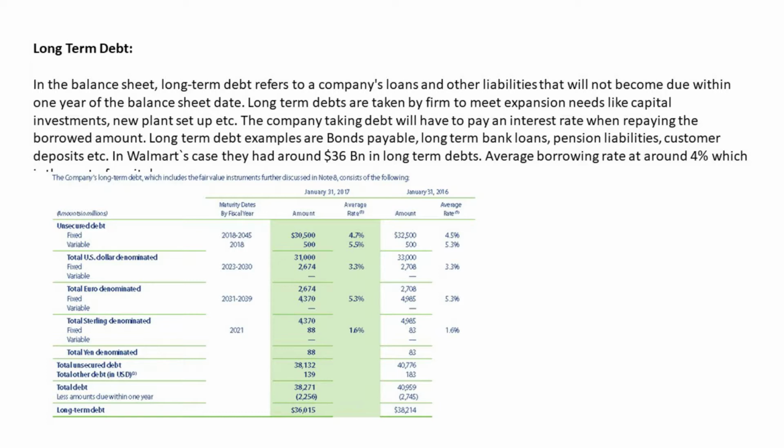Now the average borrowing rate for Walmart was around 4% in 2017, and we can see the breakdown of the unsecured debt and total US dollar denominated, euro denominated, because Walmart has taken debt across the continents, and we could see the average interest rate that Walmart pays with the maturity dates.